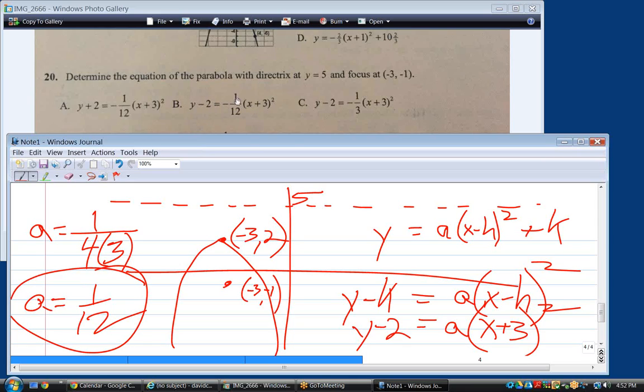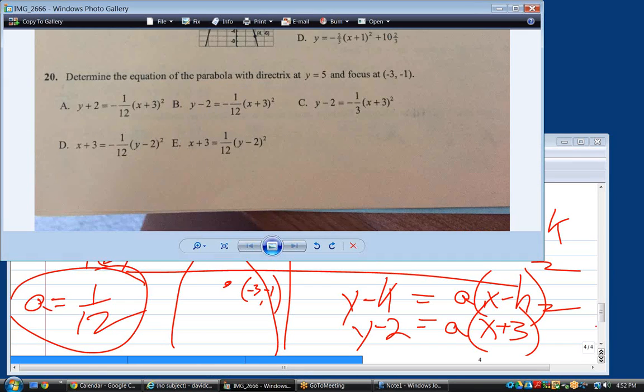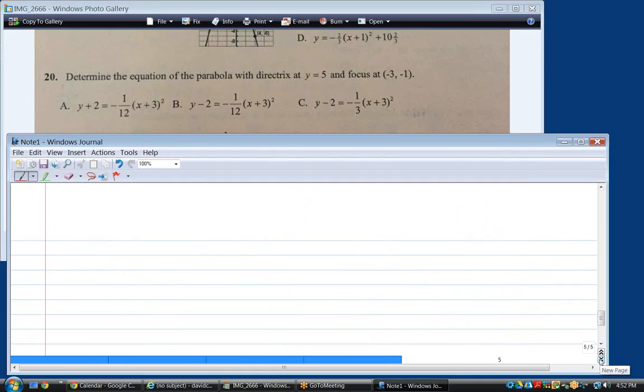Okay, I see. I have one more. This one isn't on the page, I don't think. But it's pretty easy to explain.